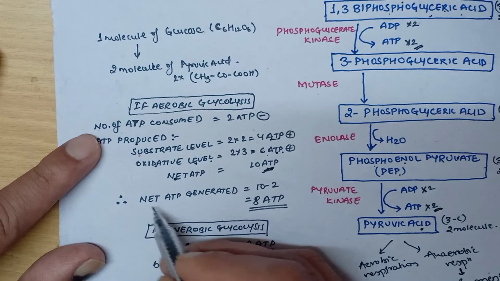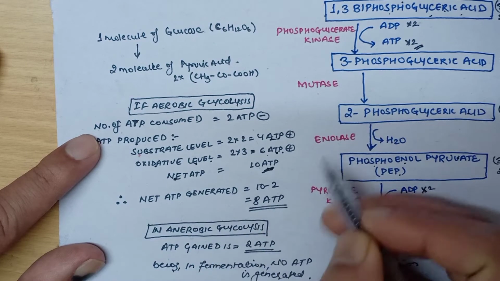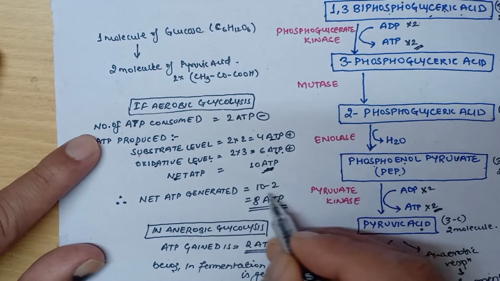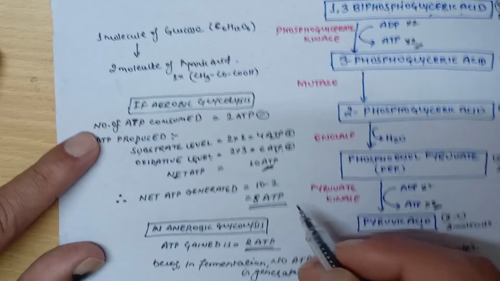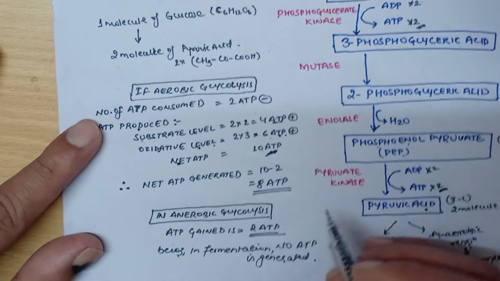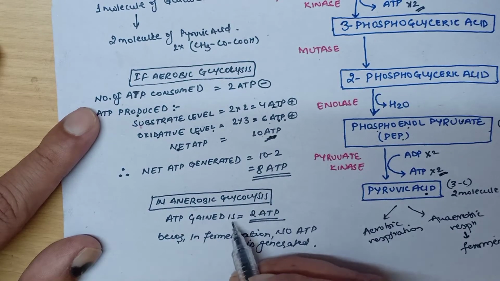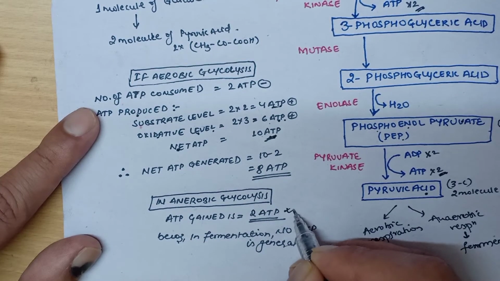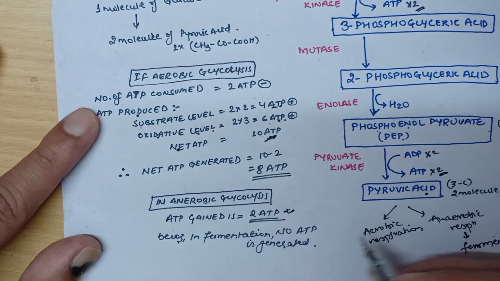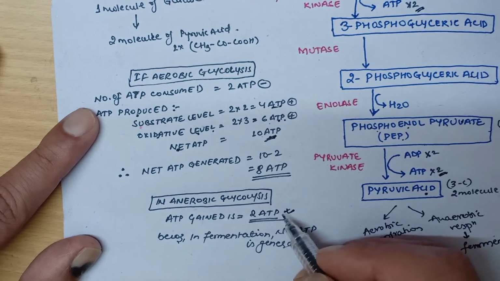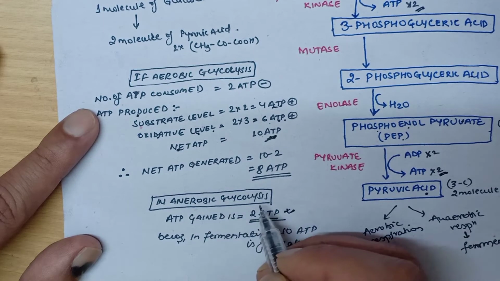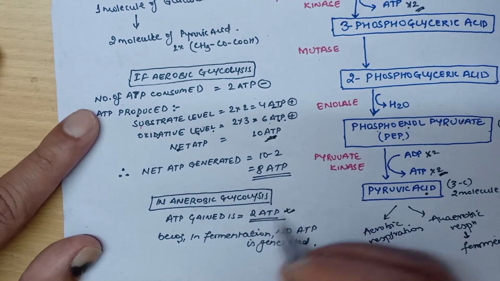Therefore, the net ATP generated during glycolysis is 8 ATP in the aerobic condition, and in the anaerobic condition, the ATP gained is a total of 2 ATPs, because in fermentation no ATP is generated. So total ATP in anaerobic glycolysis is 2.